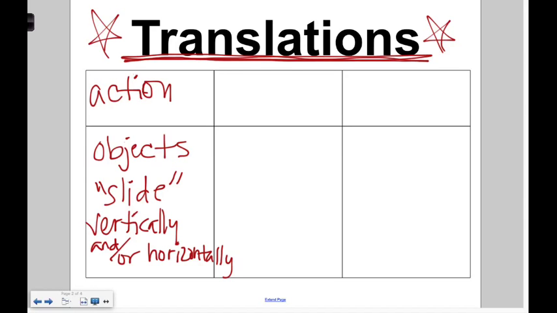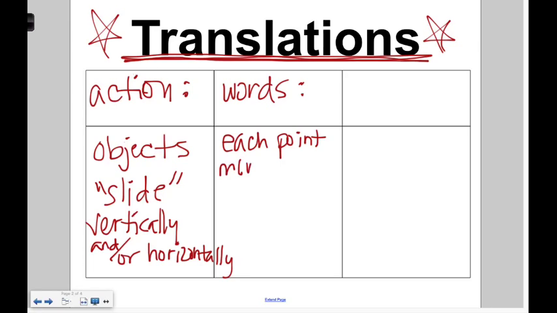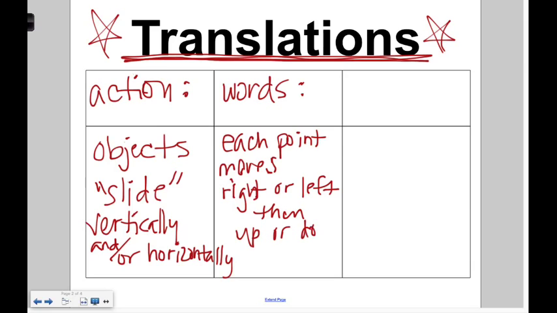Okay, in the second box, I want you to write words. So in words, what's going to happen is each point moves right or left, then up or down.